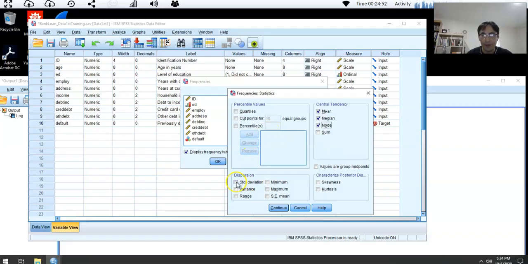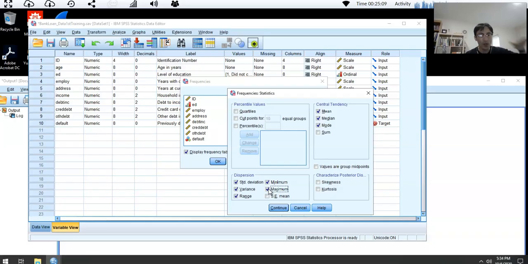And then I'd like to get, obviously, standard deviation under Dispersion. This is variability, and then variance that I'd like to get, and the range, right? Minimum, maximum, you would love to get.